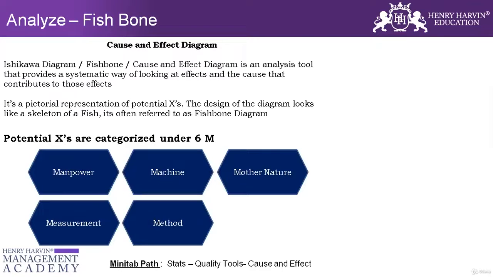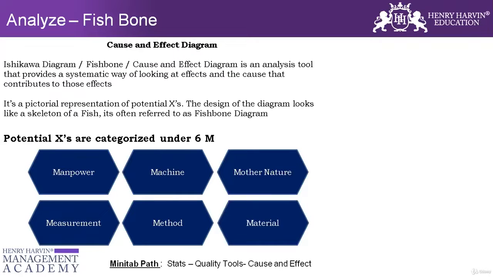These are the different headers that we can look at while representing the causes that we have identified from the brainstorming. It can be manpower, machine, mother nature, measurement, method, and material. It is not compulsory or mandatory to only give these categories to the causes that you've identified. You can name them as per your own convenience and as per the causes that you've identified. But these are the industry standards.